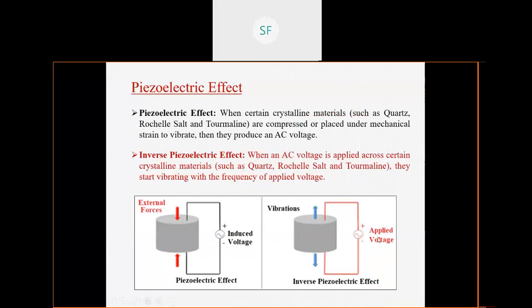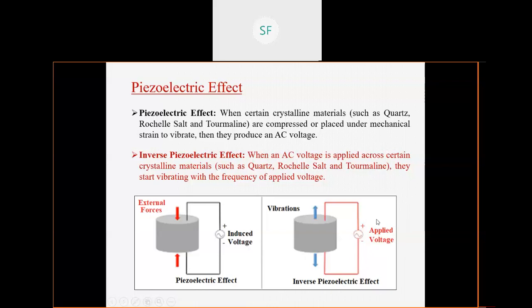In order to understand inverse piezoelectric effect, you should understand piezoelectric effect first. So what was piezoelectric effect? When you apply external force, a voltage will be induced, that is, generated. Now inverse will be the inverse of that.